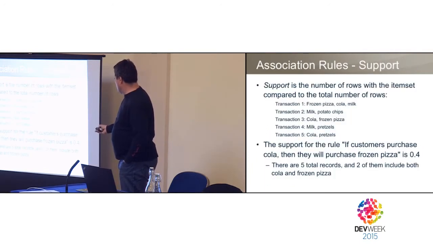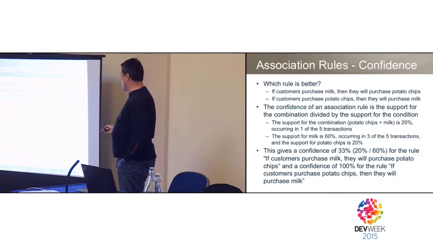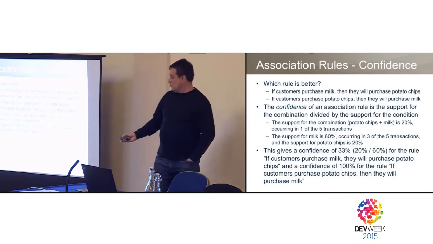Now take a look here. Milk appears in 3 transactions, while potato chips only in 1. So whenever potato chips was in the basket, in all of those cases, milk was also in the basket. The opposite is not true. Only in 1/3 of cases, the potato chips was also there.